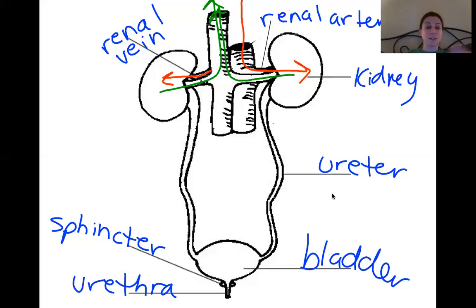Like I said, the female urethra is not as long as the male urethra. Next year, we will talk a little bit more about those differences.